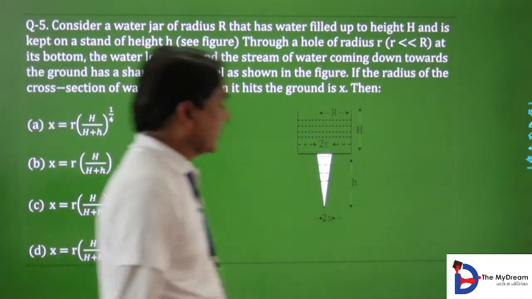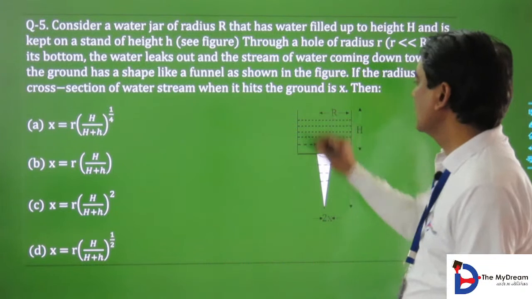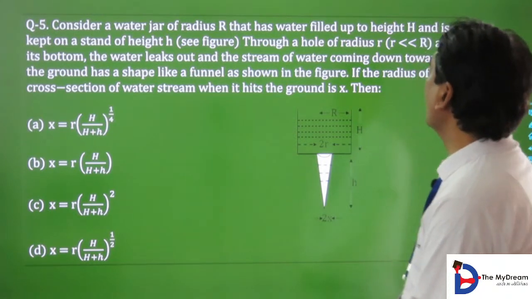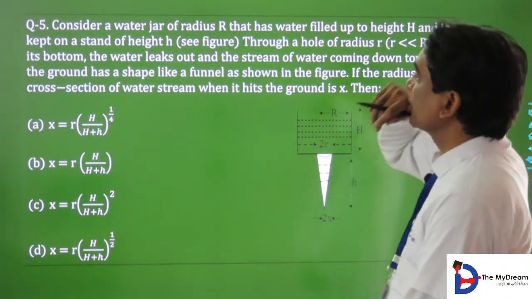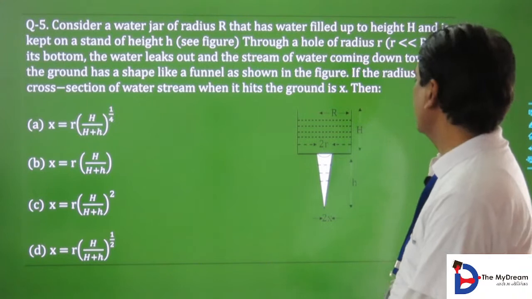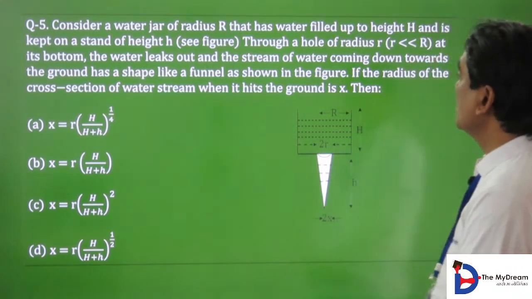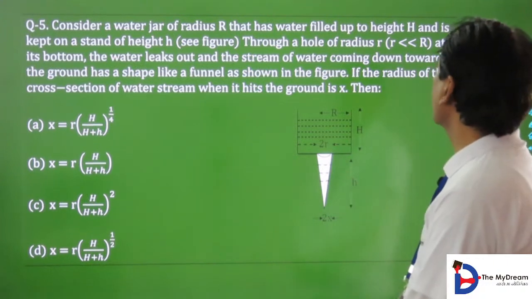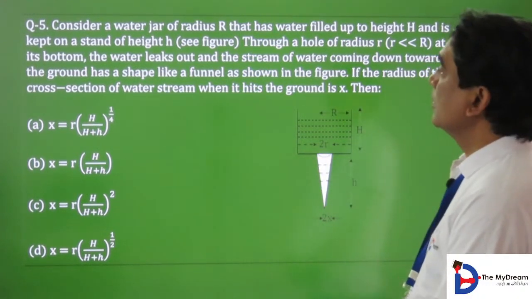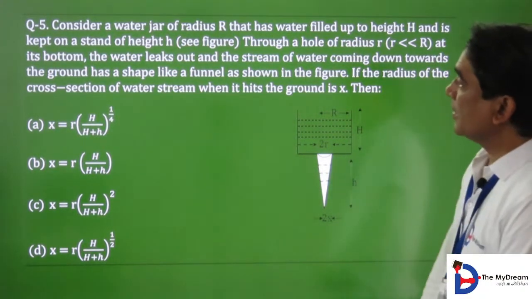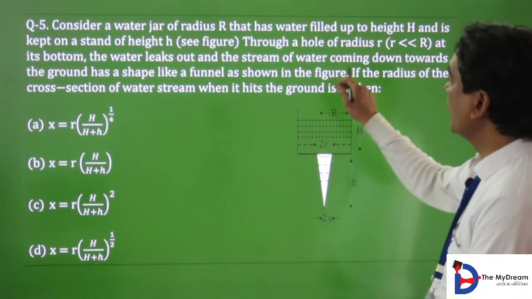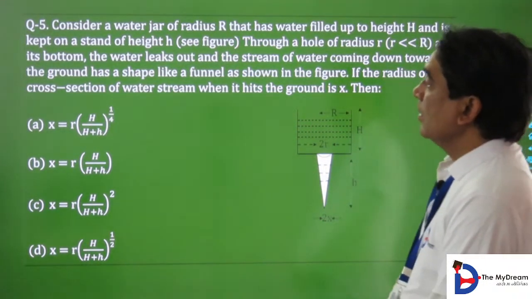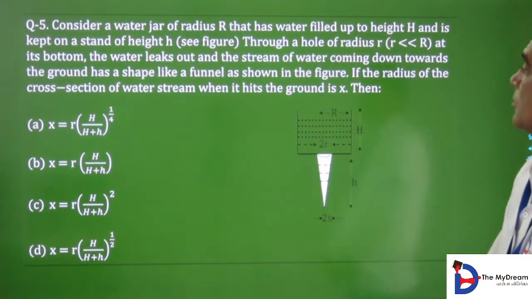Consider a water jar of radius capital R, as shown here, that has water filled up to a height h, and is kept on a stand of height H. Through a hole of radius small r, which is much smaller than the radius of the jar, the water leaks out and the stream of water coming down towards the ground has a shape like a funnel, as shown in the figure.